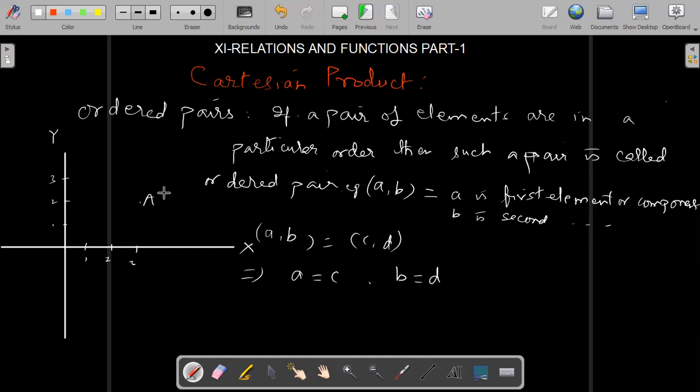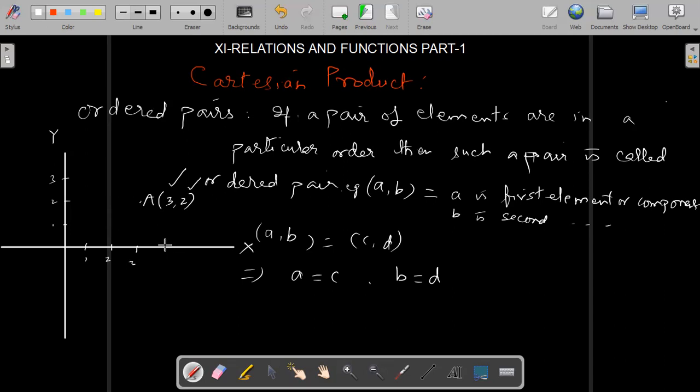This point will have x coordinate 3 and y coordinate 2. You cannot change the order. So this is the case of an ordered pair, where the x coordinate is also called abscissa and the y coordinate is also called ordinate.